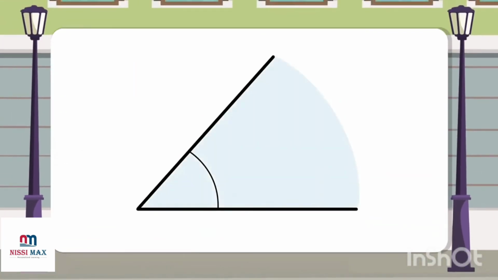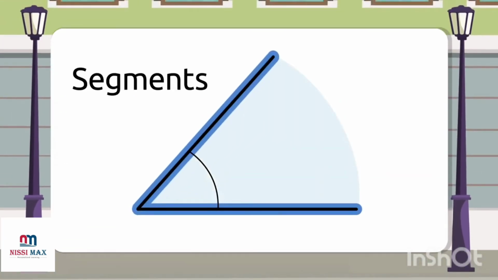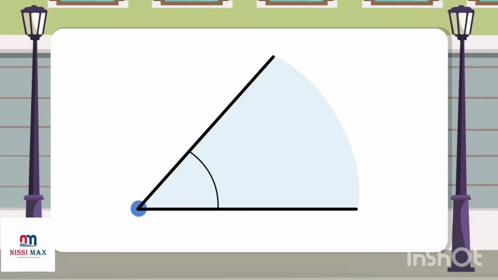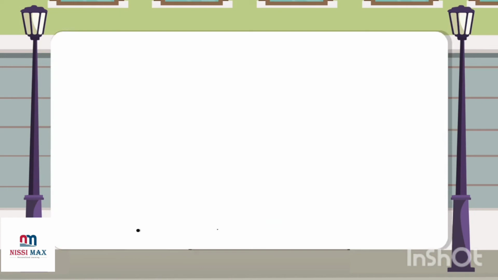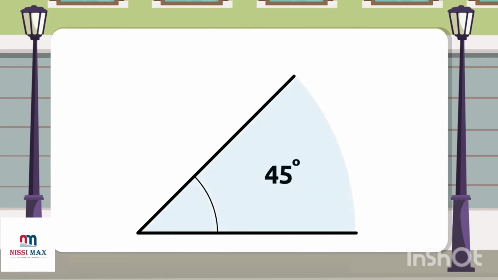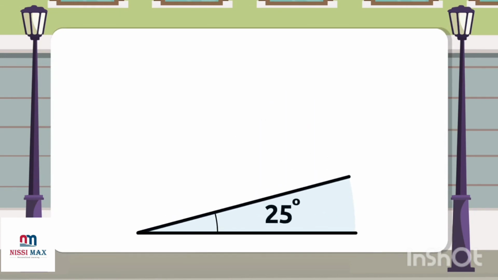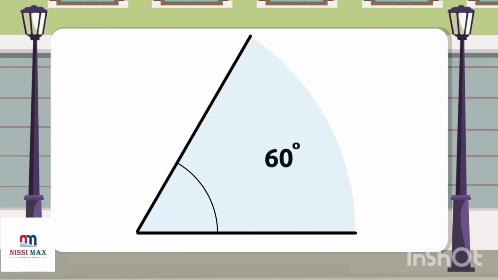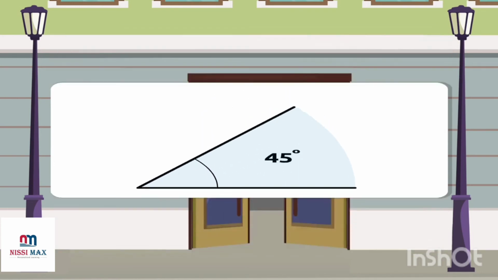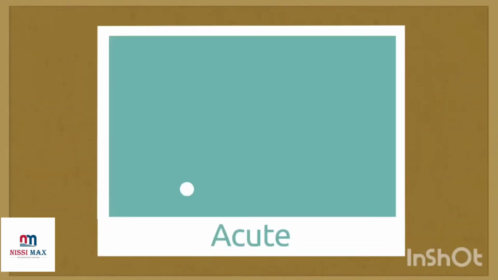An angle is the space between two straight lines that we call segments, and the point where both lines meet is called the vertex. To classify angles, we measure their opening. This is measured in degrees. Depending on the angle opening, angles can be acute. They measure less than 90 degrees.